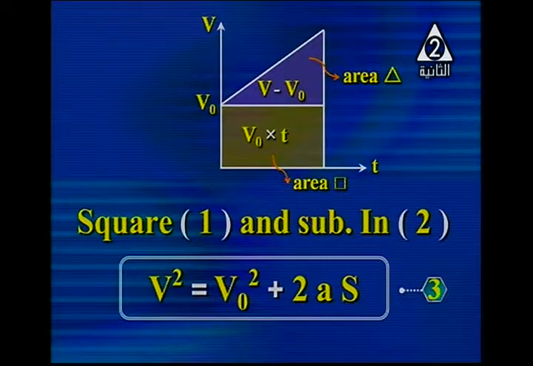We are given V naught, A, and S, and if we know the relation between maximum velocity and initial velocity, we use this rule.